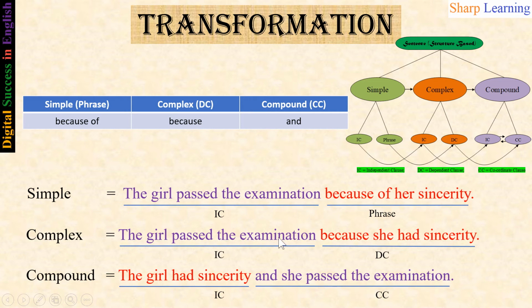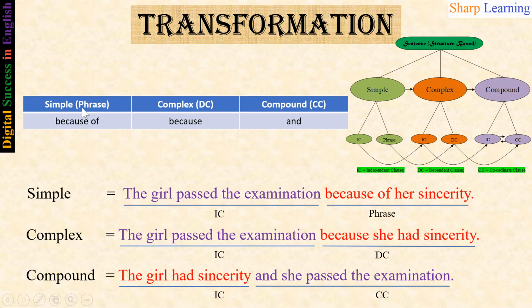So one thing is very important here. In a simple sentence, for making phrases, we have used because of. But in a complex sentence, we have used because, this conjunction. But in a compound sentence, that means for making CC, we have used and.